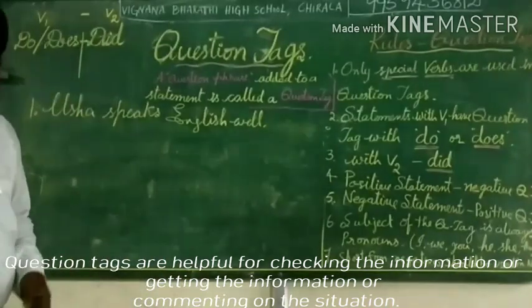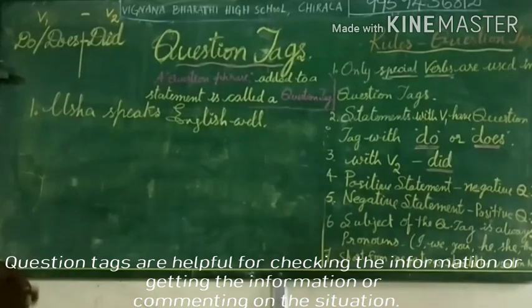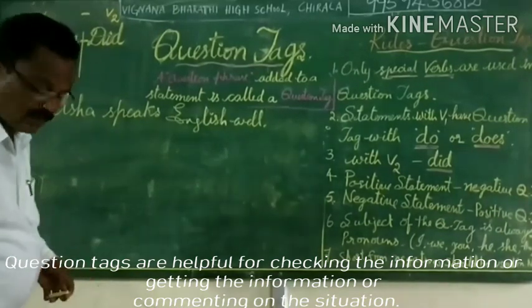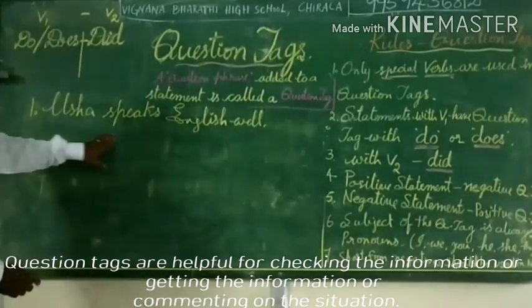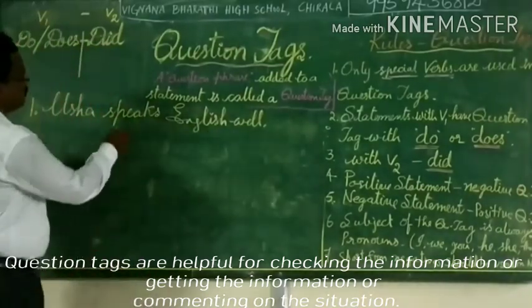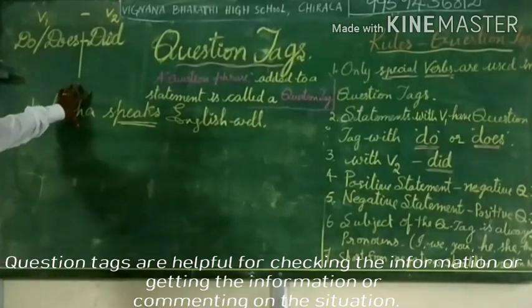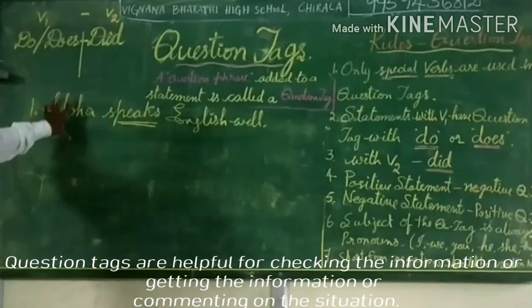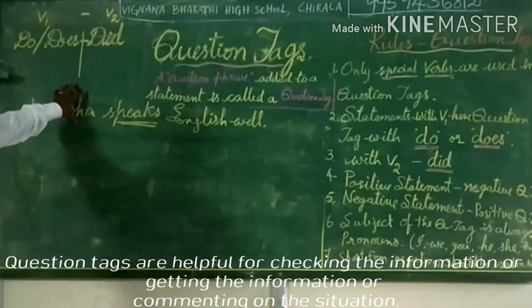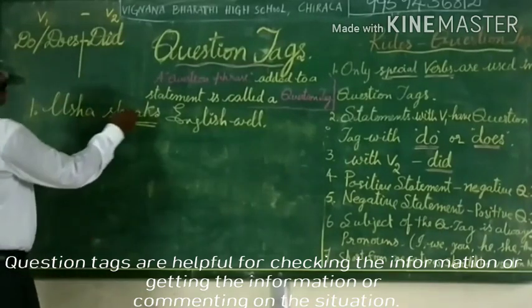Now in this sentence, we need to find the main verb part. Speaks is the verb, action word, and then subject Usha, a girl. It comes under does form.